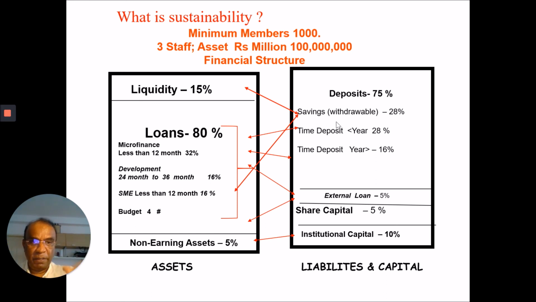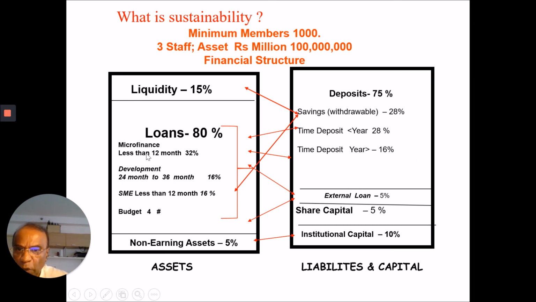Our assets and liability reconciliation. When you say savings withdrawable, it's 28%. Time deposit is 28% for less than 1 year. Over 1 year, only 16%. This is how our deposit side looks.